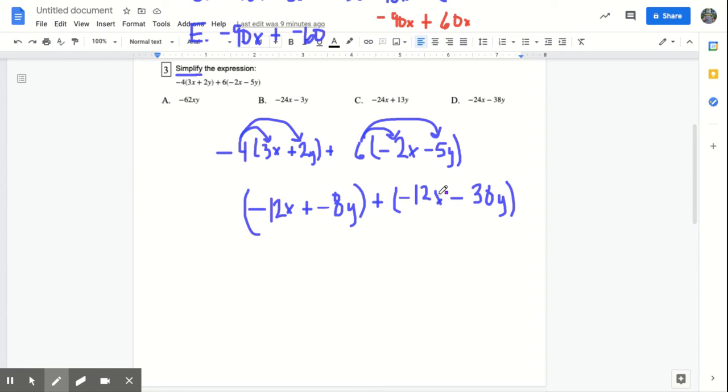All right, so we are going to be combining the like terms here. That means we're looking for x's to be combined with x's and y's to be combined with y's.